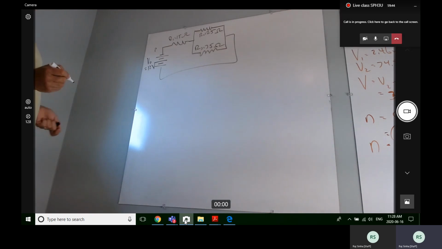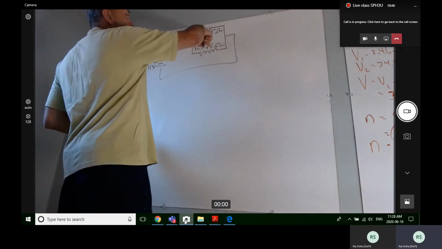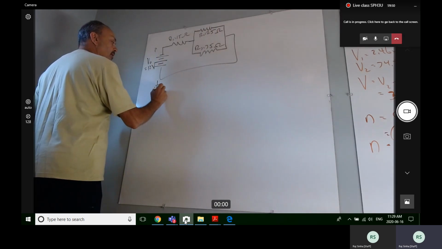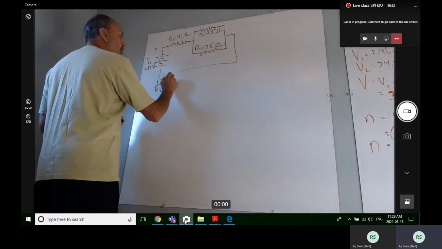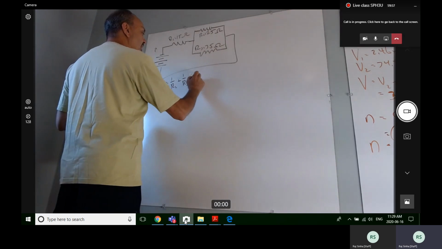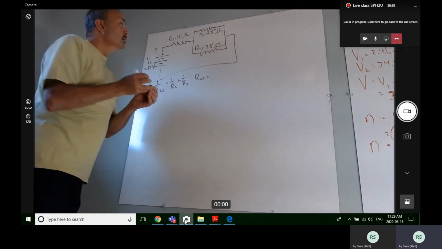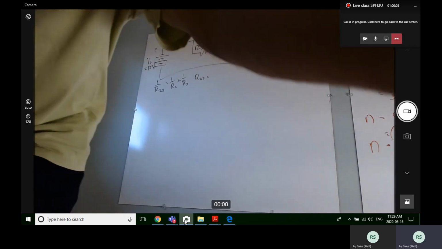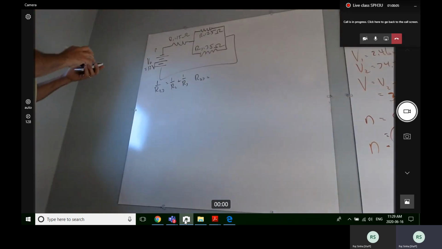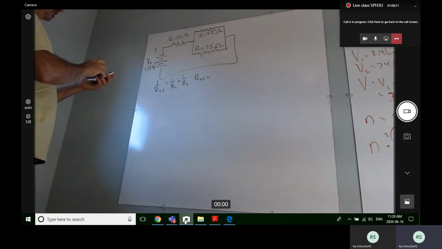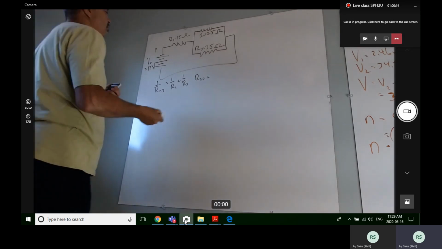All right, so I've got 2 resistors in parallel, so I can find the equivalent resistance of R2 and R3 by using 1 over R2 plus 1 over R3. 25, 1 over, plus 35, 1 over, equals, and 1 over, 14.6 ohms.